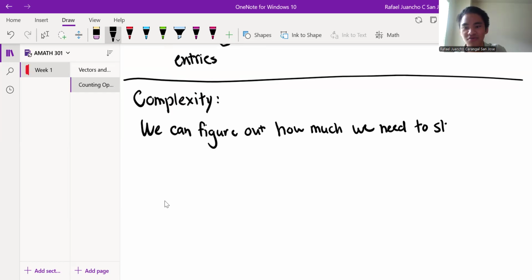So remember our entries a while ago. We can actually figure out how many of those we need to store based on the number of operations, right?